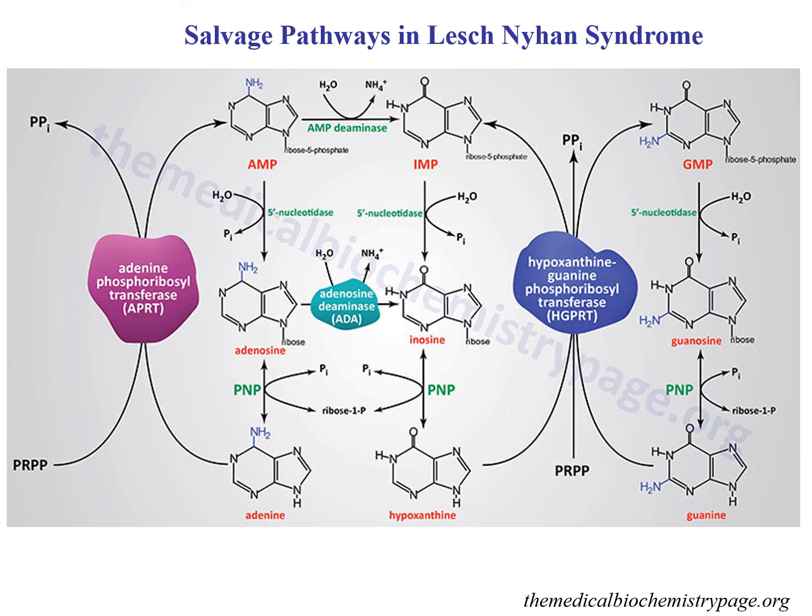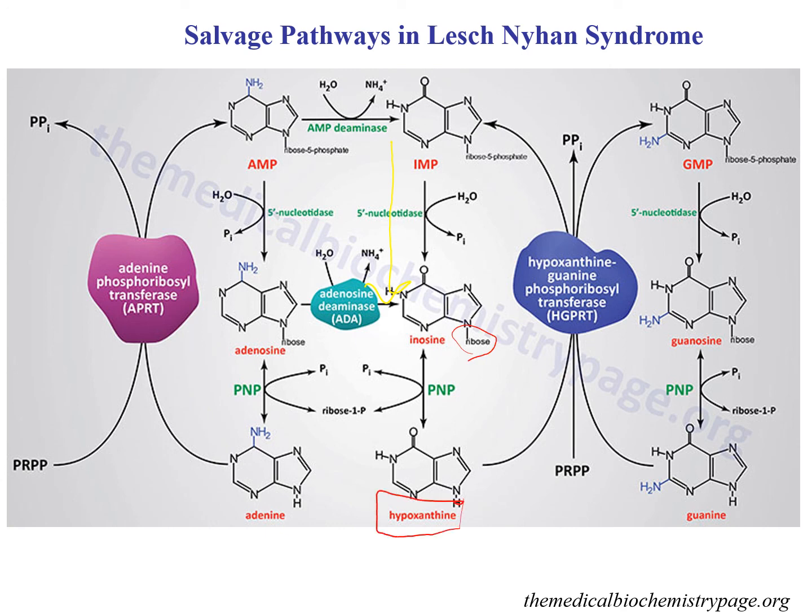So once again, talking about the salvage pathways in this disease known as Lesch-Nyhan syndrome. Once again, we studied this part here, IMP, breaking it down to inosine. And then if we remove the ribose, remember this becomes hypoxanthine.